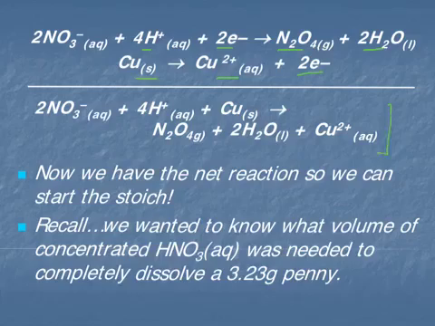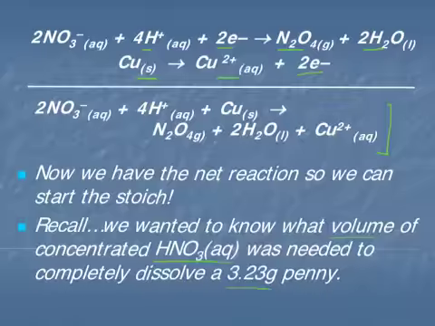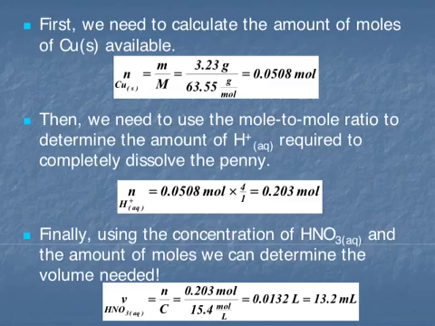So we go back to the question. We wanted to know what volume of a concentrated nitric acid solution was needed to dissolve a 3.23 gram penny. The first thing we need to do is convert grams of copper into moles of copper. We do this by dividing by the molar mass, and we find we have 0.0508 moles of copper. Then we use the mole to mole ratio that we determined from the coefficients in our balanced equation, and it was 4 to 1.